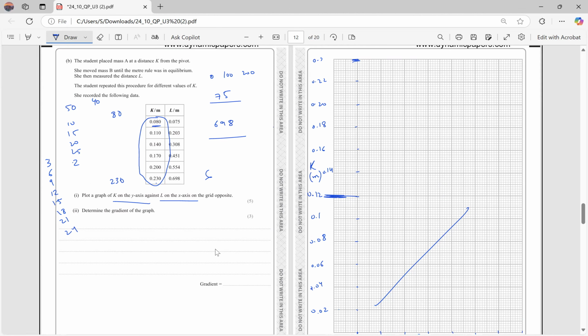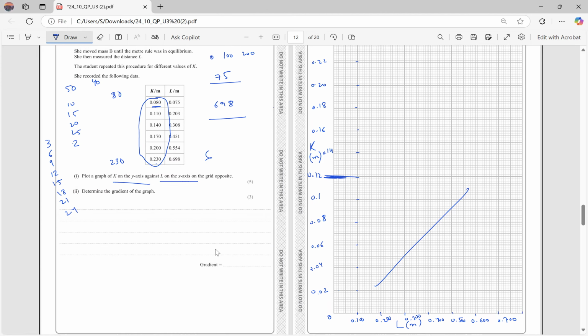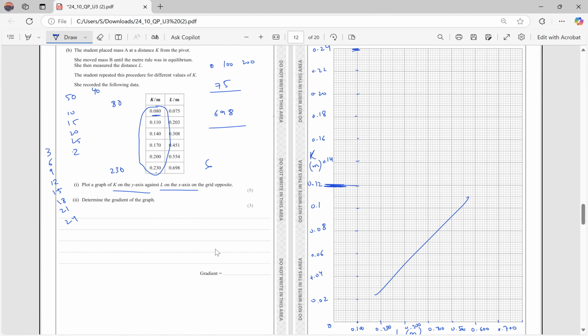Wow, we went all the way till the end of the graph. And that's fine. We can use all the points if you want to.